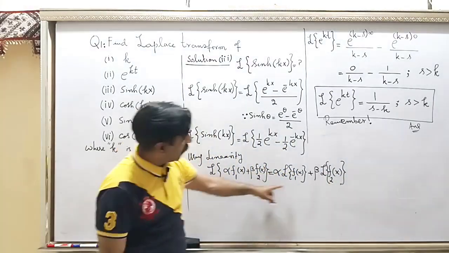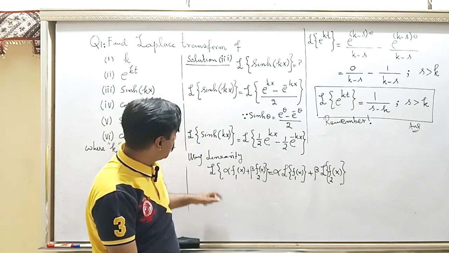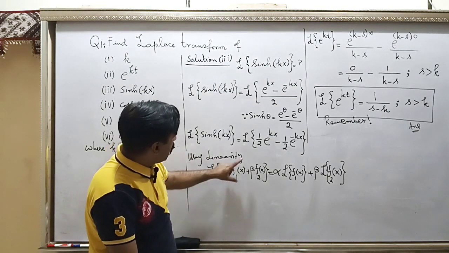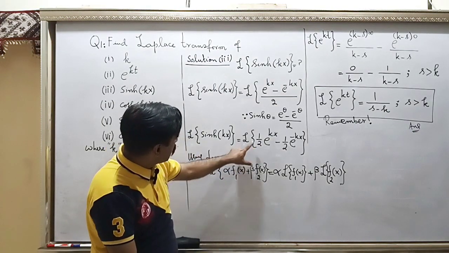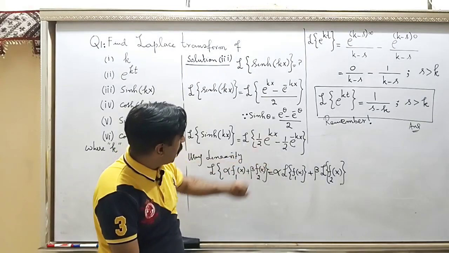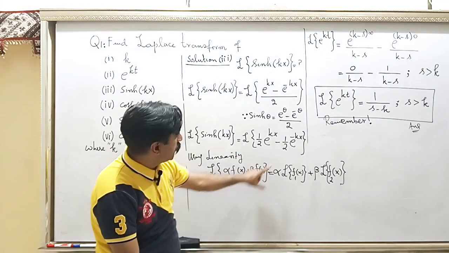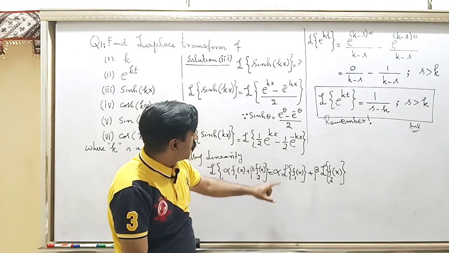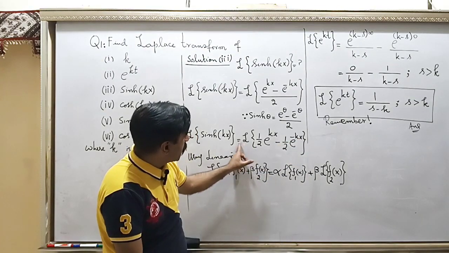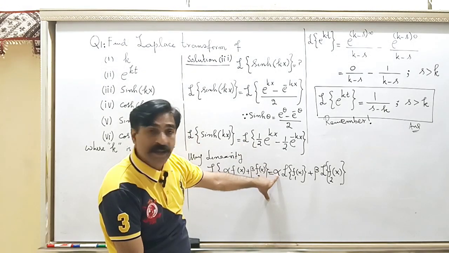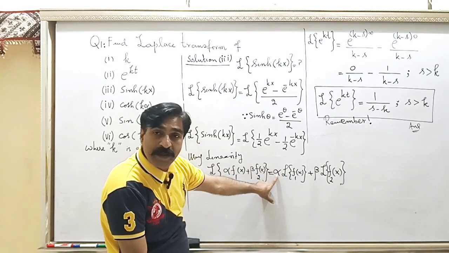This is known as the linearity property of the Laplace transform operator L. In place of alpha you have 1 by 2, and f1(x) is e to the power kx, and in place of beta you have minus 1 by 2, and f2 is e to the power minus kx. So what is the result? The constant comes in front of the Laplace operator, meaning on the left of the Laplace operator.